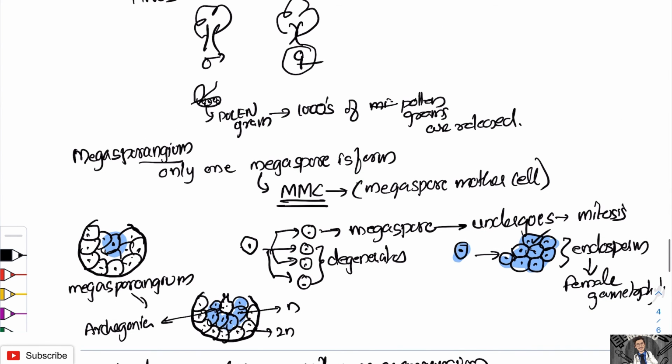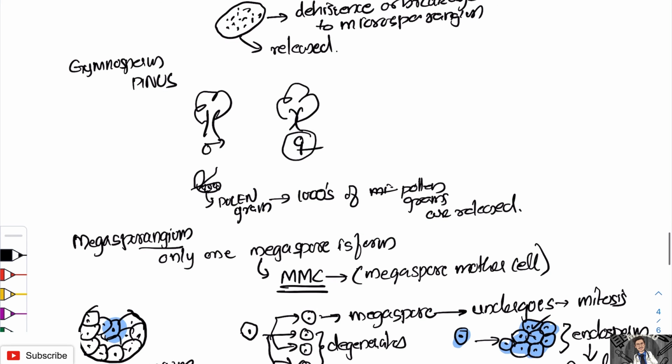So why were all of the microspores released and why did they form the male gametophyte or the pollen grains? Because here we have wind pollination in gymnosperms. The pollen grains which are produced on the male plant have to travel via wind to reach the archegonium, which is sedentary or non-motile in the female.